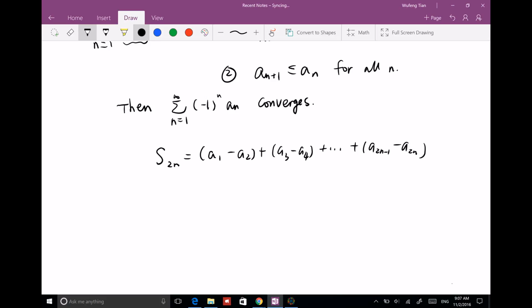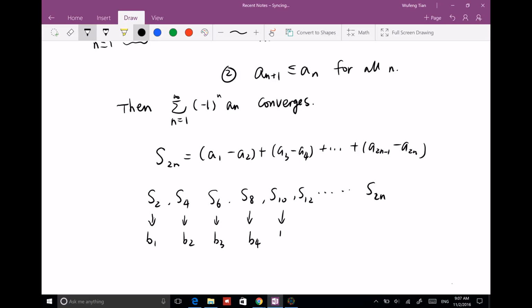So the series S_2, S_4, S_6, S_8, S_10, S_12, continue. This is a sequence. S_2 is the first term of a sequence. You can say this is b_1, this is b_2, this is b_3, this is b_4, this is b_5. Okay, continue.